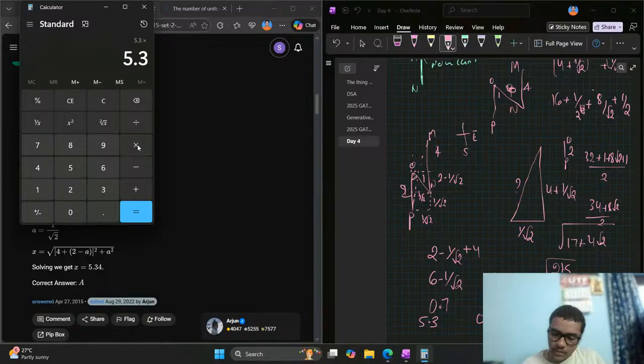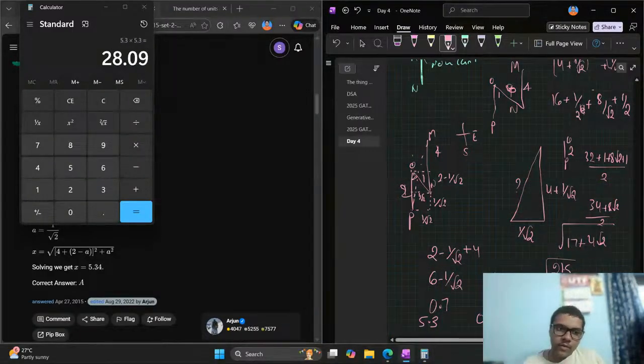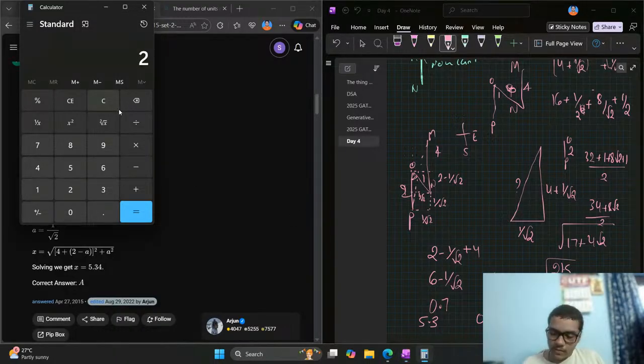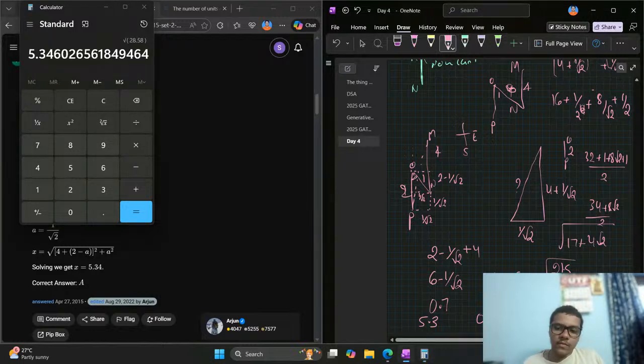5.3 squared is 28.09. 28.09 plus 0.49 is 28.58. Square root is 5.34.